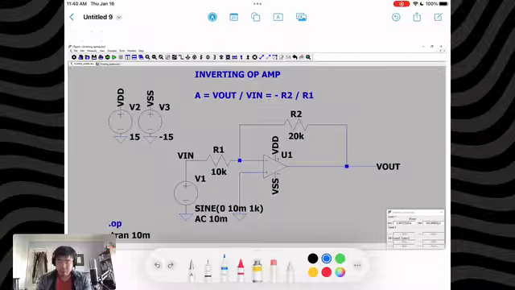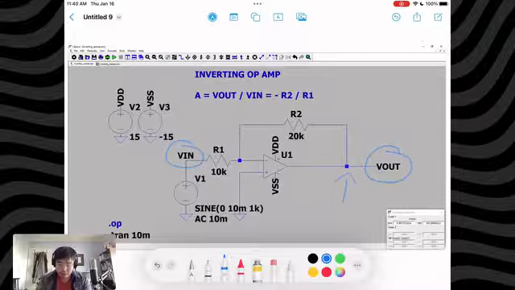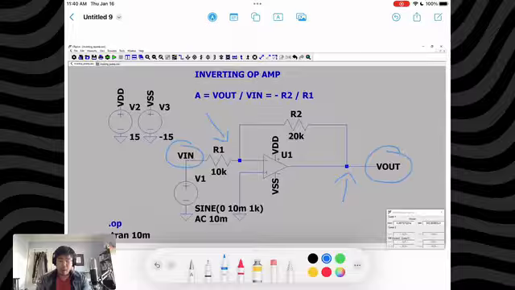So we have V out over here, we have V in over here, and we have two nodes, this node and this node. If this node is V out, and this node is V in, and we want to do a nodal analysis, let's call the middle node VA.